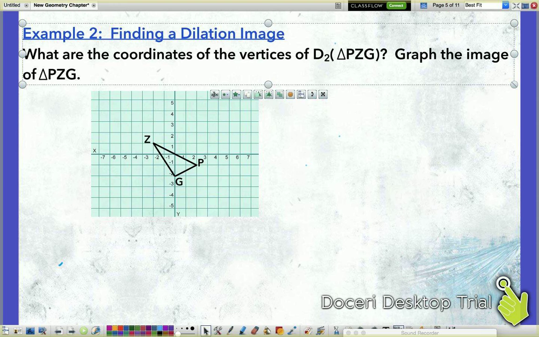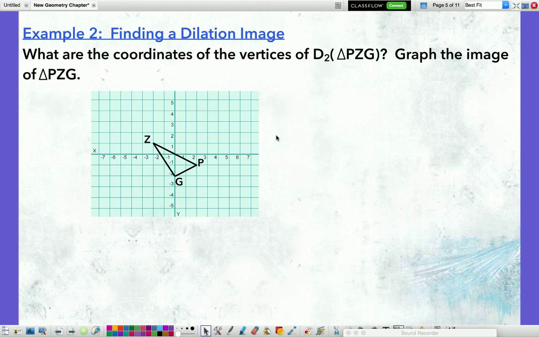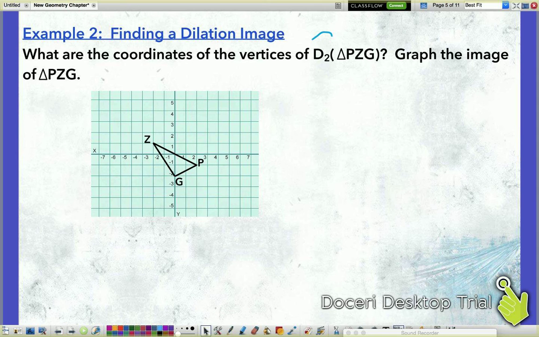They want me to dilate this by 2. I've got the original figure, but I'm going to write the coordinates down of the original figure, and that'll help me to know what my new coordinates are.